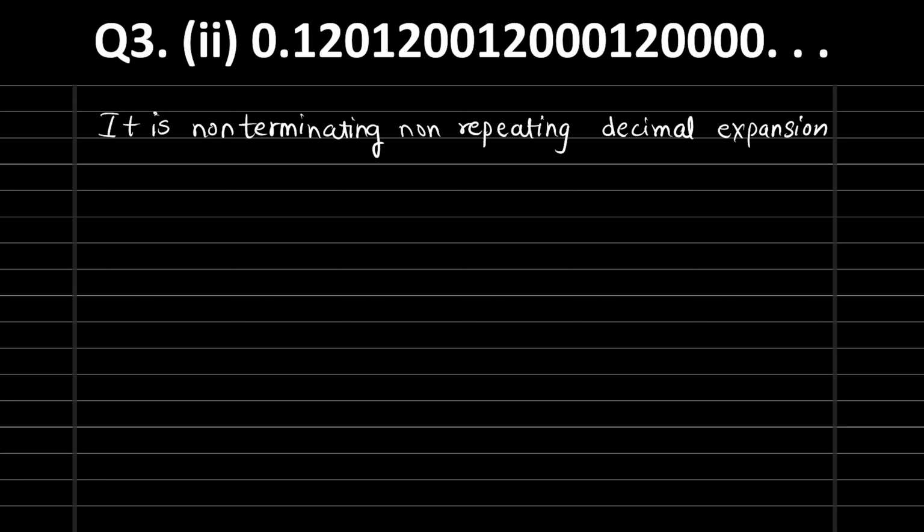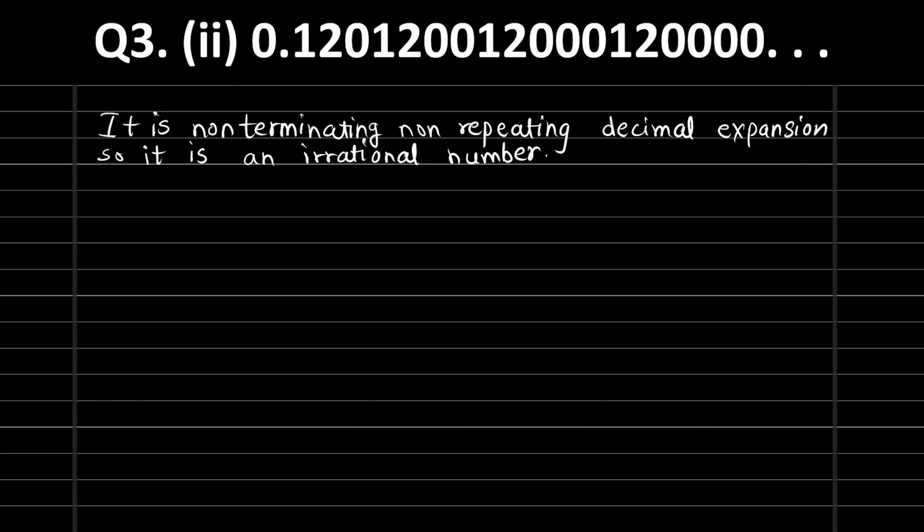So if it is a non-terminating, non-repeating decimal expansion, it is an irrational number. If it is an irrational number, we cannot write it in the form of p by q, and that's why we don't need to worry about what will be the prime factors of the denominator q.